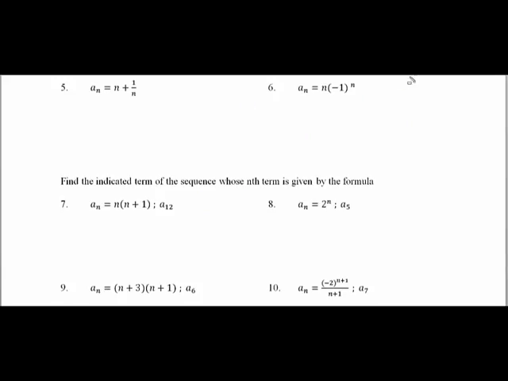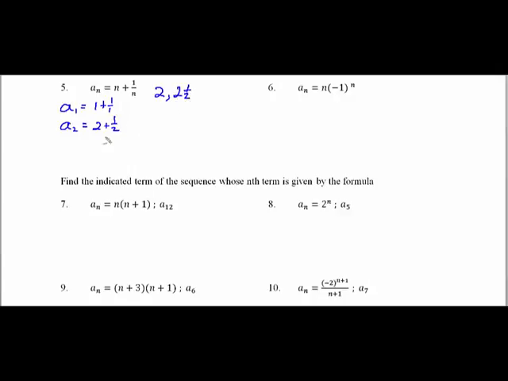All right, so problem number 5 here is another tricky pattern, and this might be one that's best with using fractions here. So my a sub 1 is really 1 plus 1 over 1. So 1 plus 1 over 1 is the same thing as 2. There's my first term. A sub 2 is going to be 2 plus 1 over 2, or 2.5.